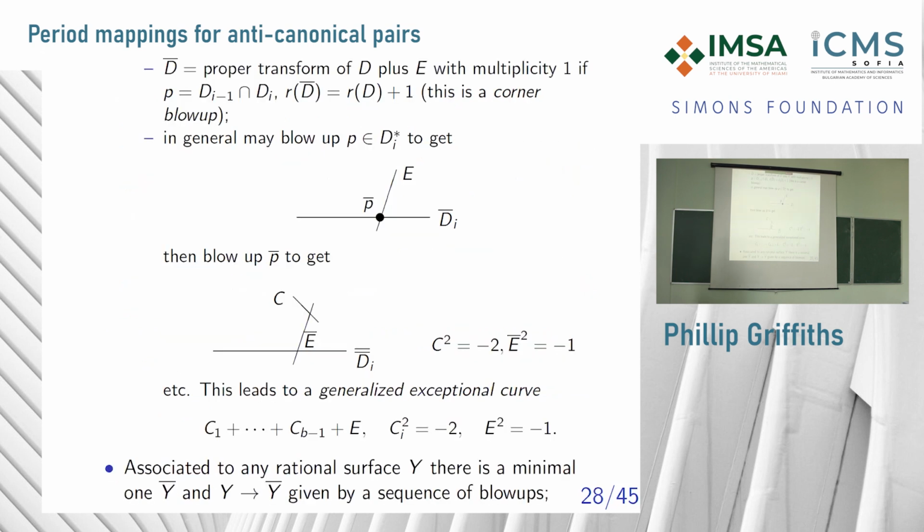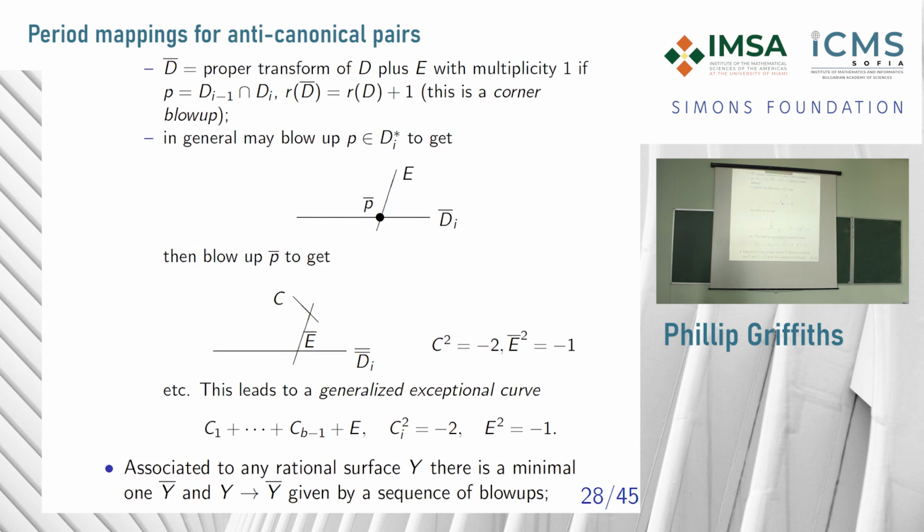The second kind is that you blow up an intersection point. Okay? And then what you get is one new cycle, so the number goes up by 1, and you've added a P1 as one of the segments. So that's a corner blow up, if you like.